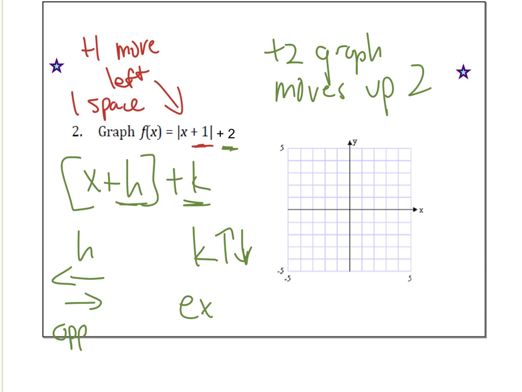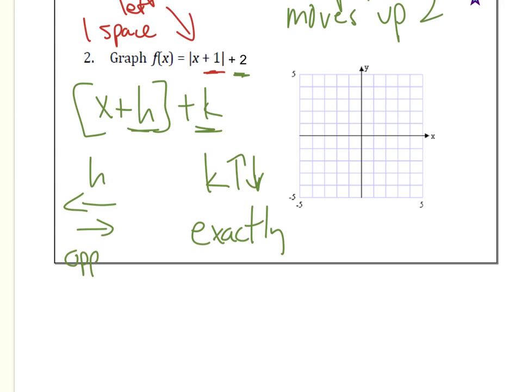K is going to be exactly what you would think. So here's how that works. For h, opposite, so if I've got an x minus 3, I actually move right 3. Or like here, I've got an x plus 1. That means I'm going to move left 1, okay?